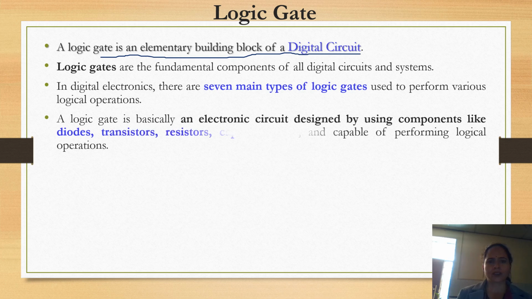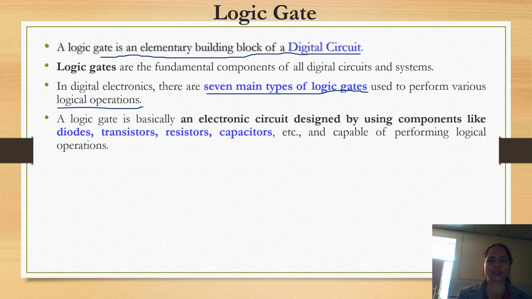We learned some seven main types of logic gates which are used for logical operations, which can be AND, OR, NOT, and everything: bitwise operations, even addition and subtractions are also performed using the logic gates.